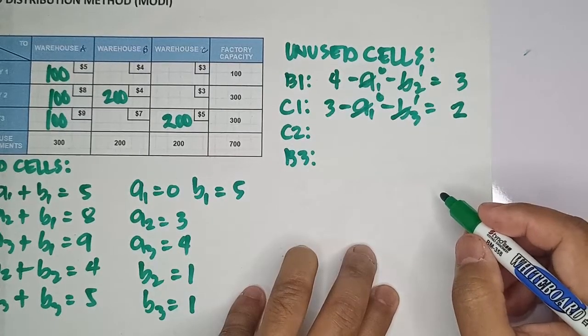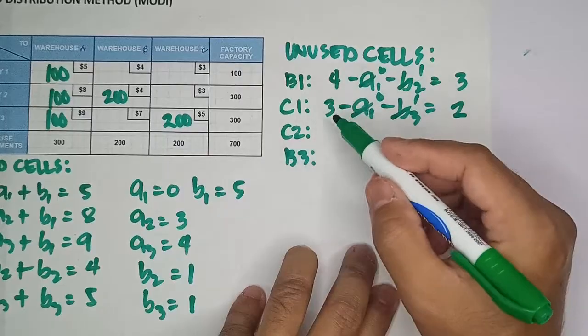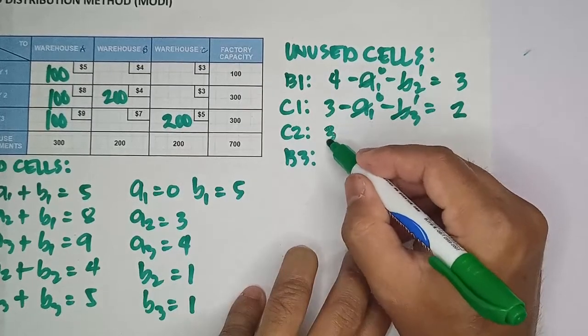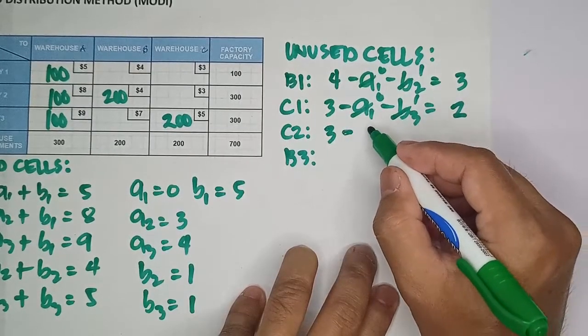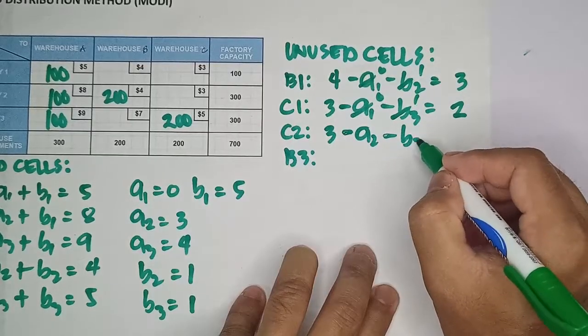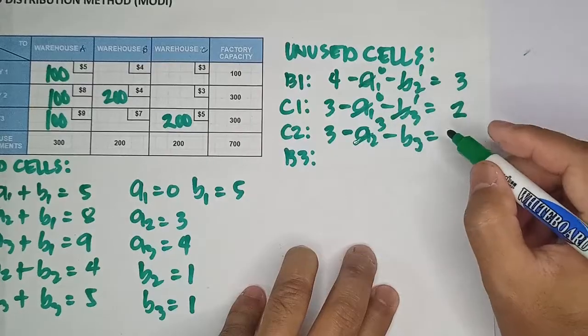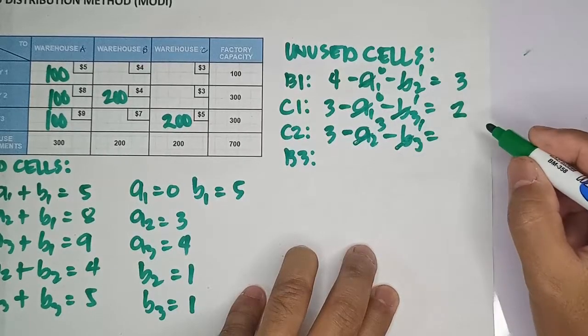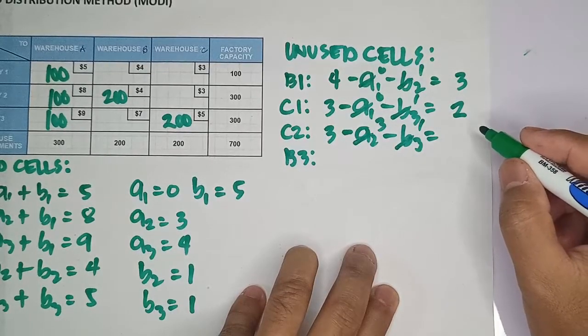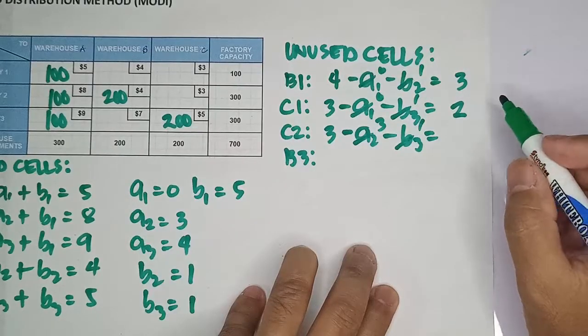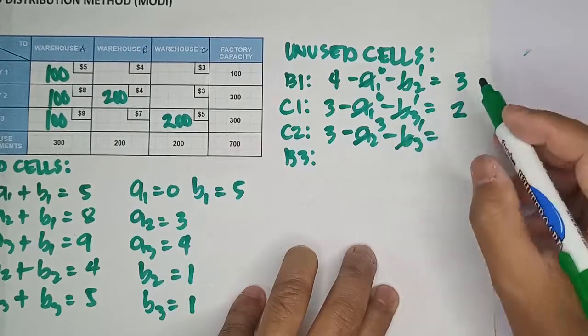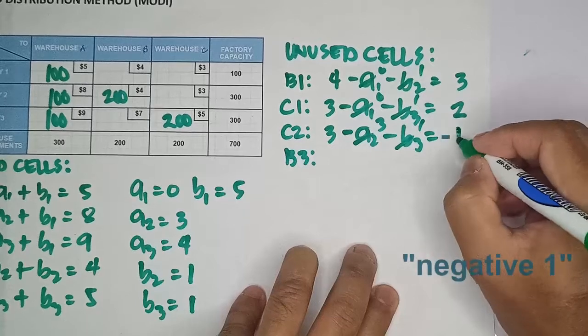The equation for C2 is 3 minus A2 minus B3. A2 is equal to 3, B3 is equal to 1. Therefore, the improvement index for C2 is 3 minus 3 minus 1 equal to 1.